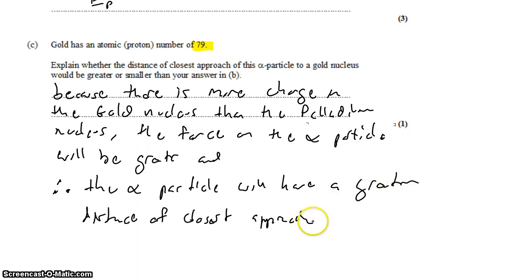Basically, the closest that the alpha particle will get to the gold nucleus will be further away from the gold nucleus than the closest it gets to the palladium nucleus.